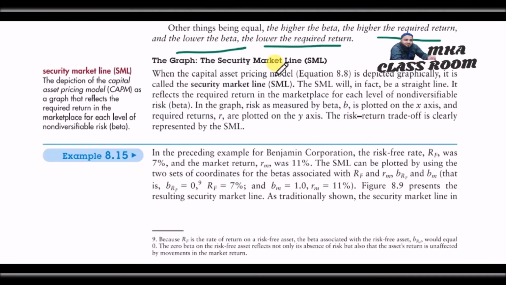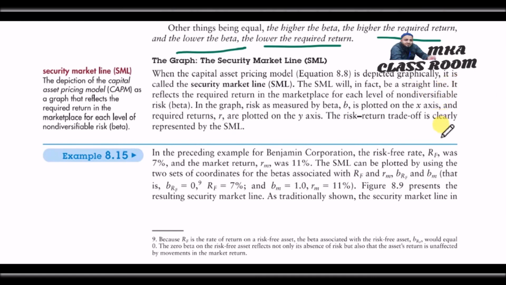After that we will see the security market line. The graphical representation of the capital asset pricing model is called the security market line. When the capital asset pricing model is depicted graphically, it is called the security market line, or SML. It is a straight line.